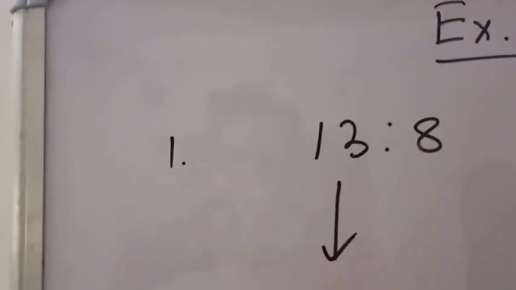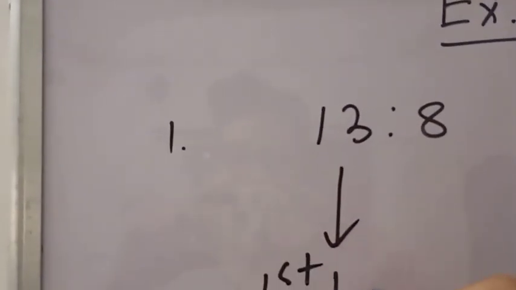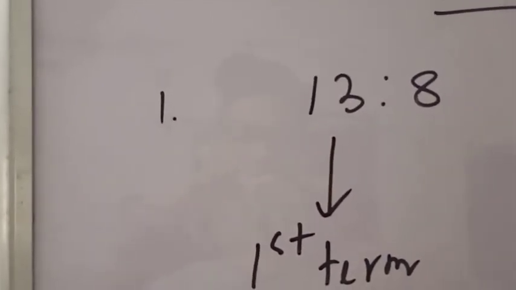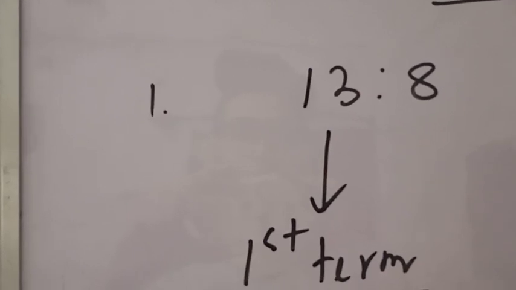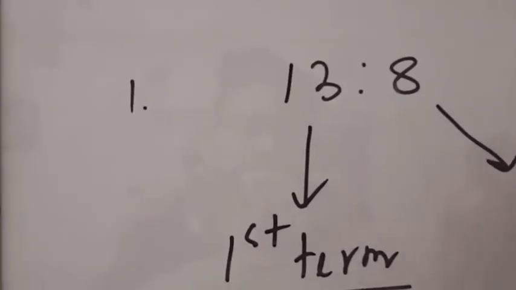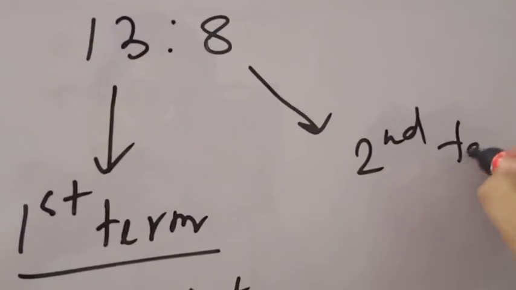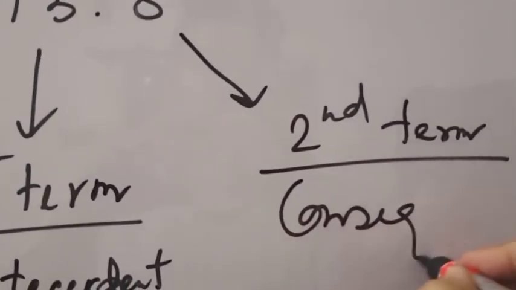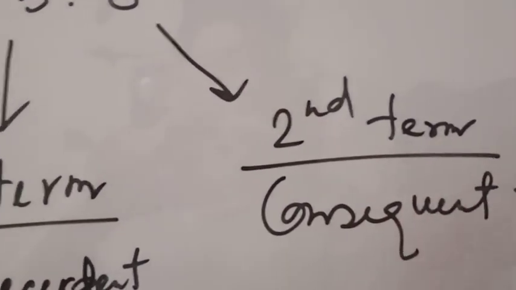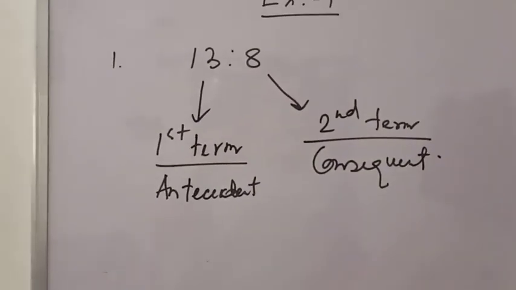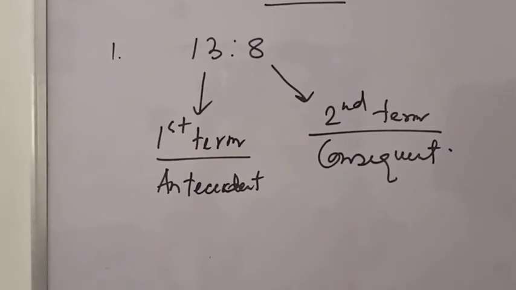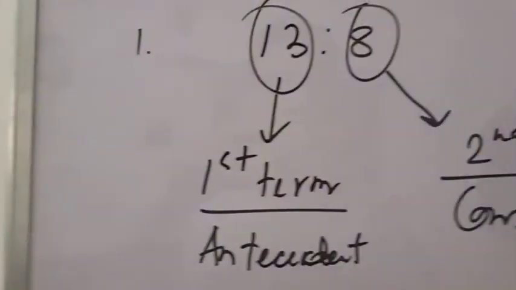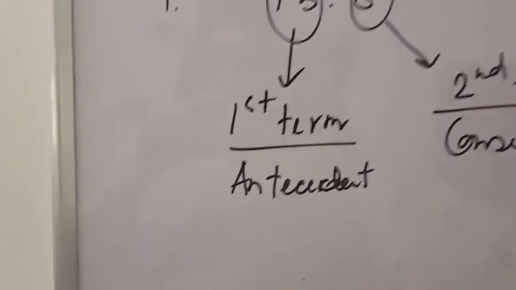This is the first term or antecedent, and this is the second term or consequent. So in 13 is to 8, the first term is the first number and the second term is the second number here.